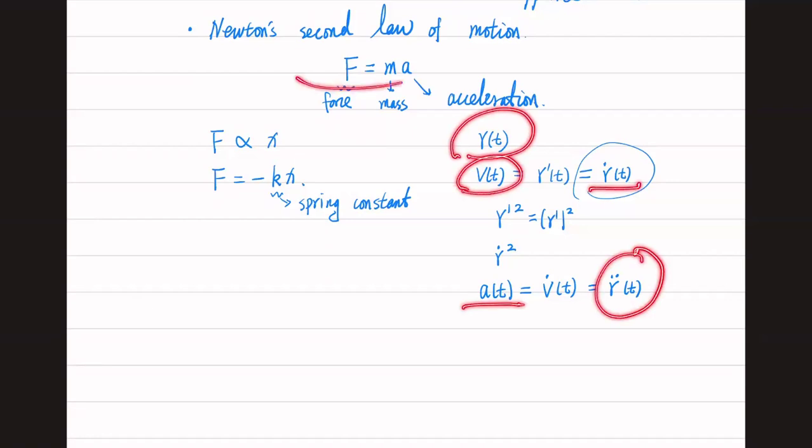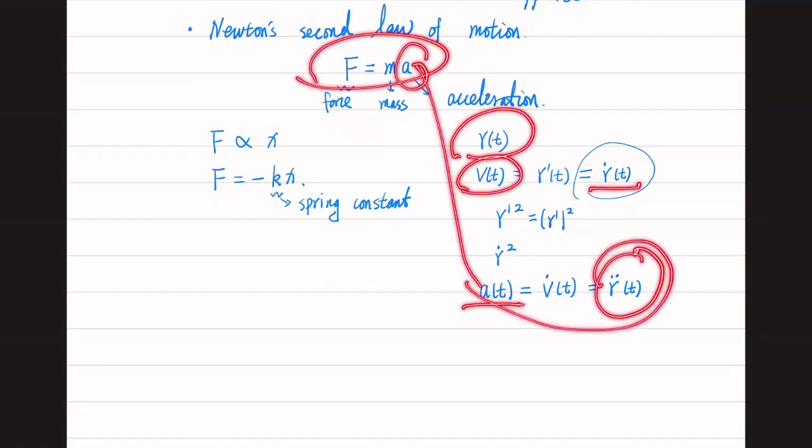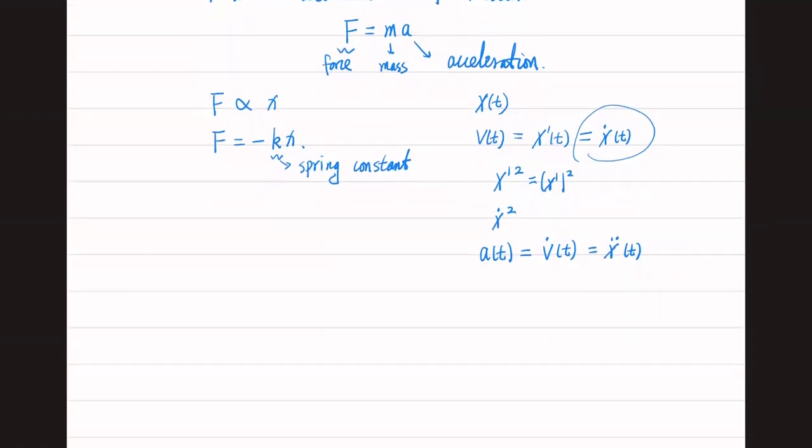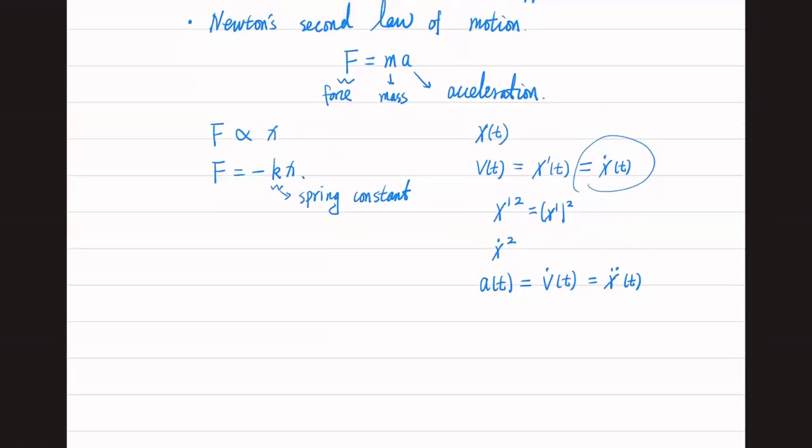In this equation, we have the acceleration, and I used x, so let's switch to x. I'm going to unify our notation. Now we have the differential equation: F equals m a, where a is the second derivative x double dot.